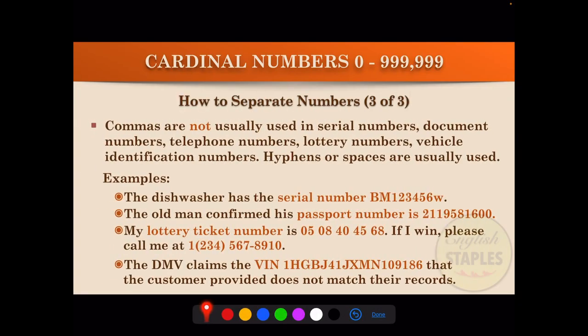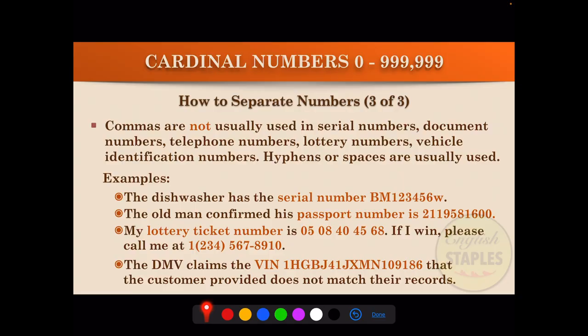Commas are not usually used in serial numbers, document numbers, telephone numbers, lottery numbers, vehicle identification numbers. We don't see commas in these numbers. However, we can find hyphens or spaces. So let's look at some examples here.